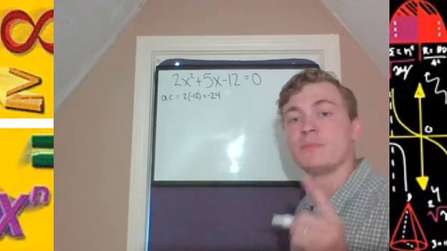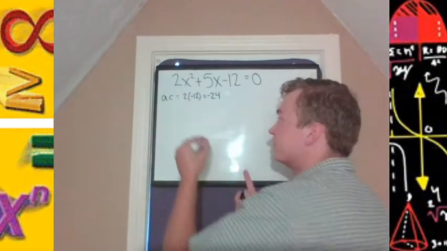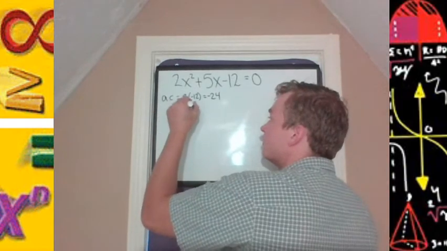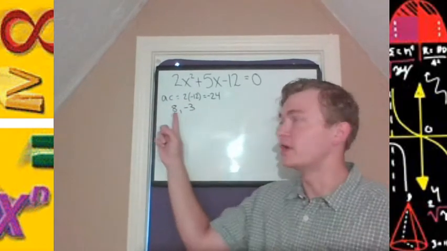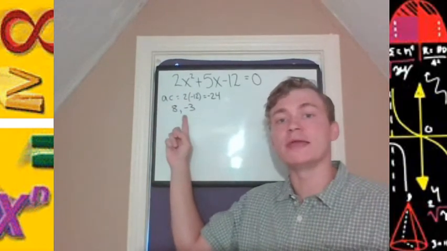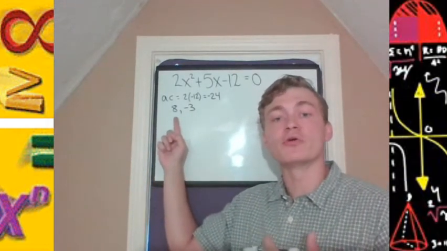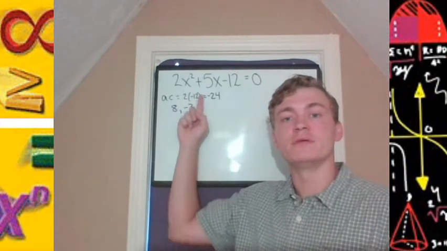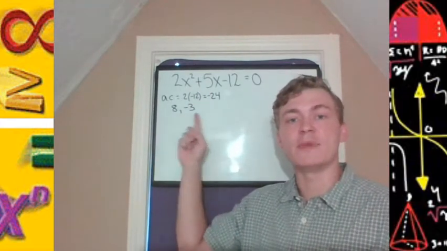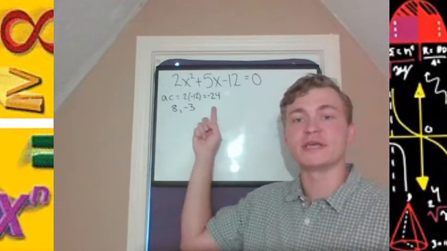Well, we are going to use positive 8 and negative 3. Because 8 multiplied by negative 3 is negative 24. 8 plus, or combined with, negative 3 is positive 5, right? 8 minus 3 is 5. 8 times negative 3 is negative 24.